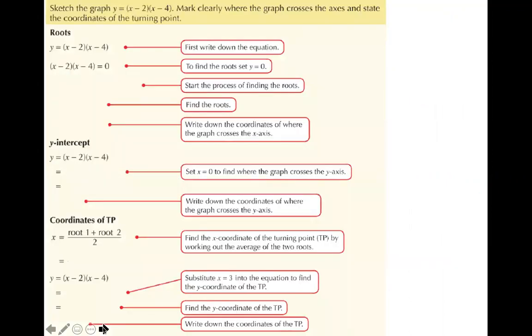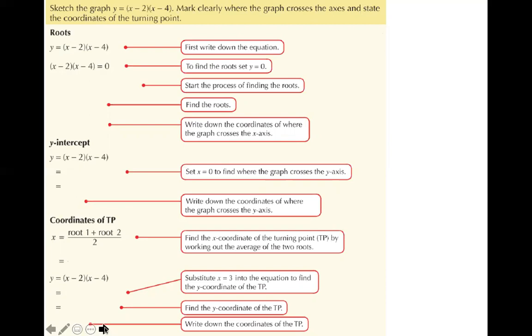Okay, so sometimes we can be asked to sketch a graph x minus 2 times x minus 4 that way. So the first thing we do is we need to find the roots, which is where we cut the x-axis.